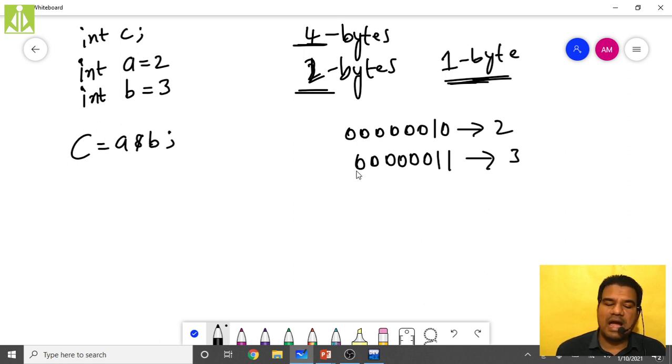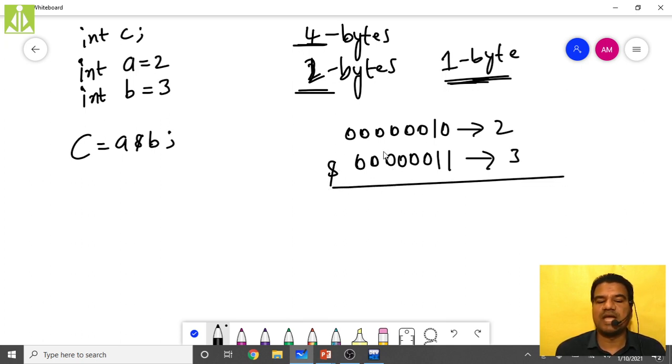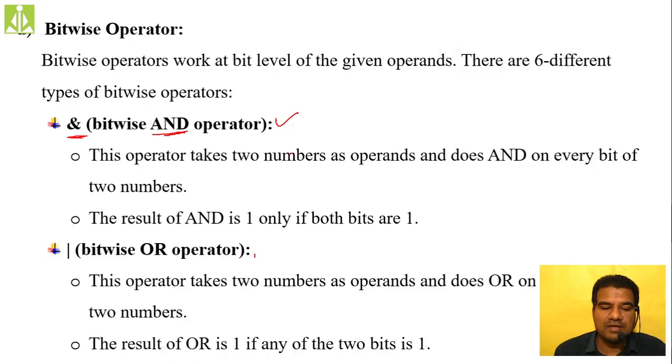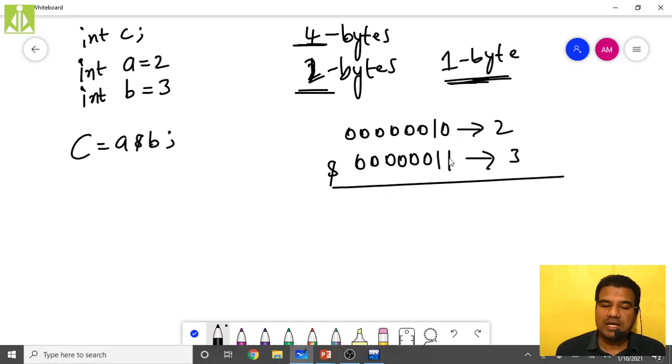Now perform the AND operation on this. Here we wrote one statement: the result of AND is 1 only if both bits are 1. Here, both bits are not ones.